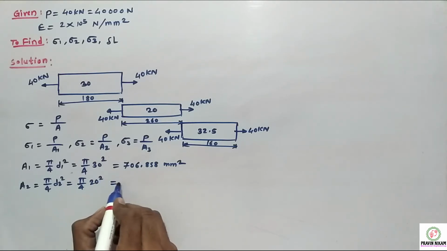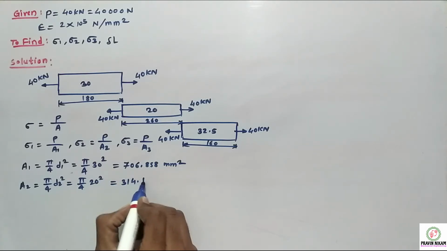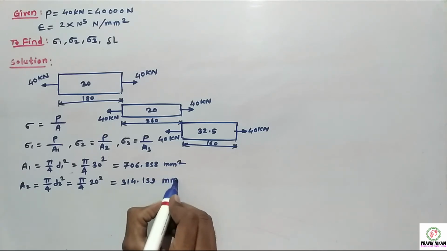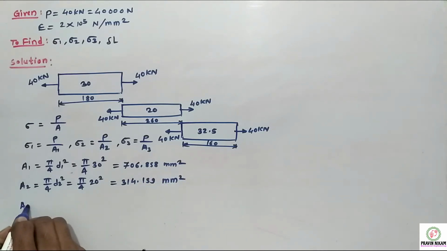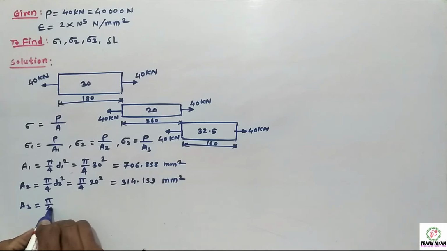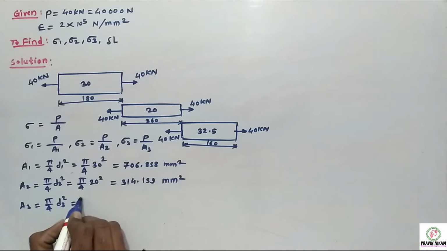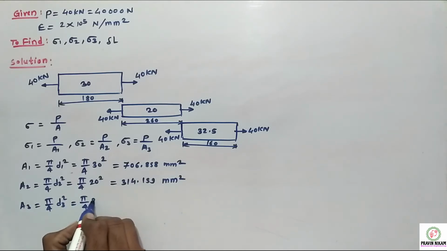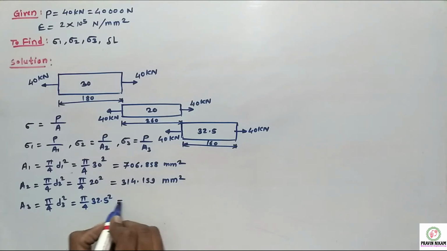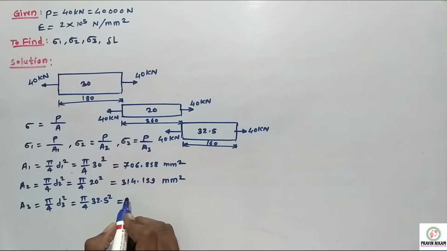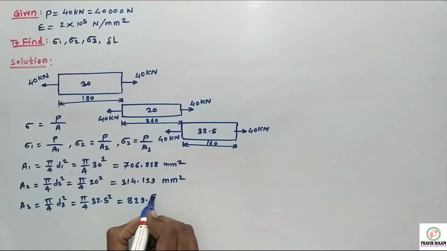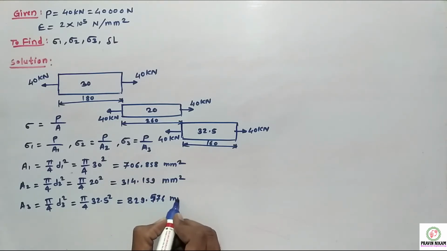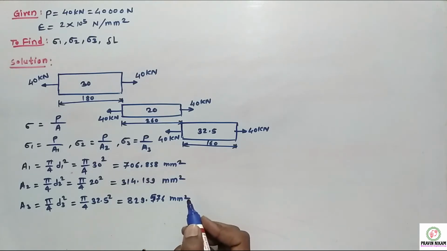So it becomes 314.159 mm square. Then A3 is pi by 4 D3 square, that is equal to pi by 4 into 32.5 square. So it becomes 829.576 mm square. So these are the areas.